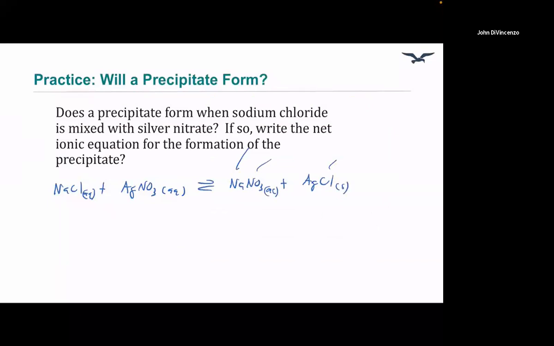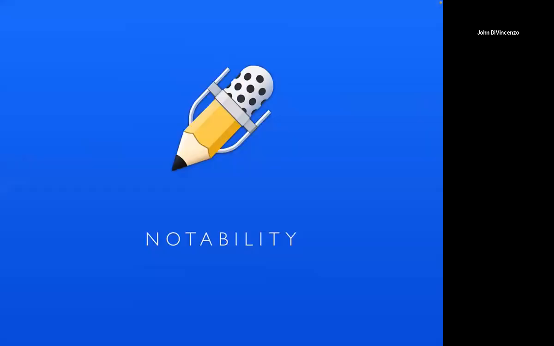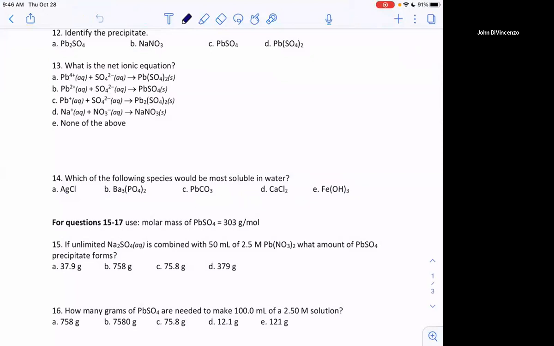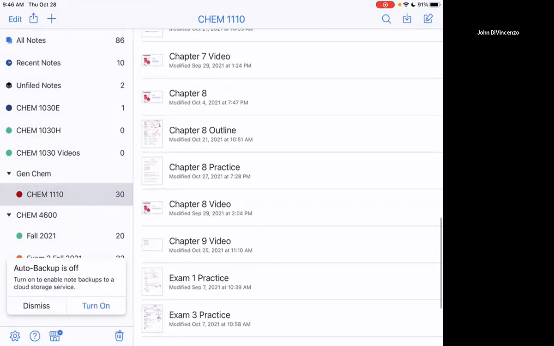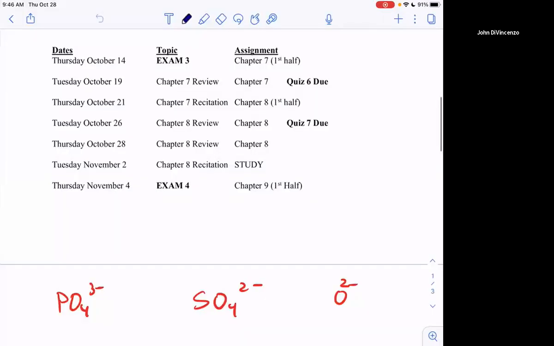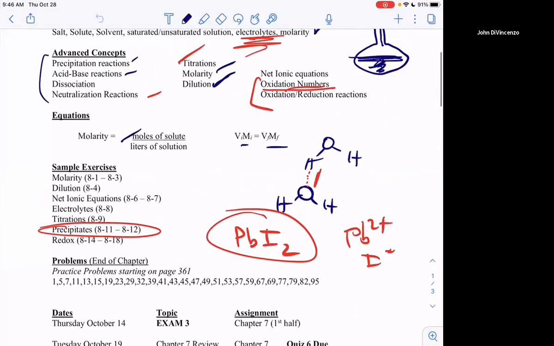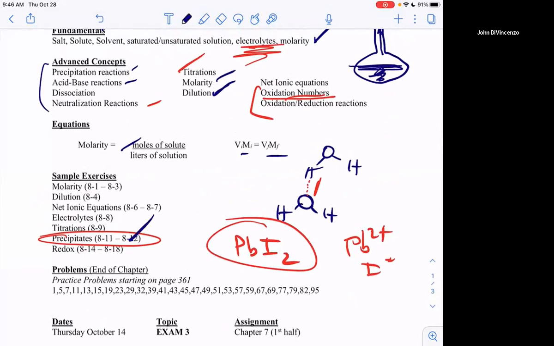And this is actually a way you can measure the amount of something in solution. So for instance, there's an exercise in your book that I probably told you to do on the outline, and you should do it. Let me double check and make sure I did tell you to do it. 8.12.